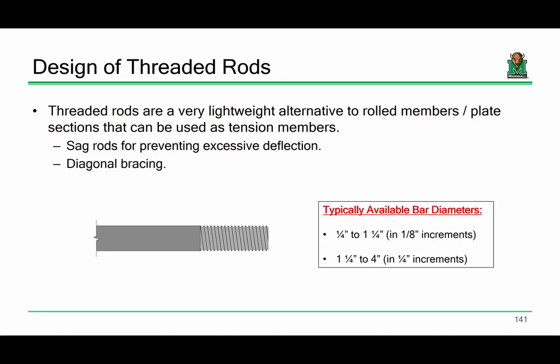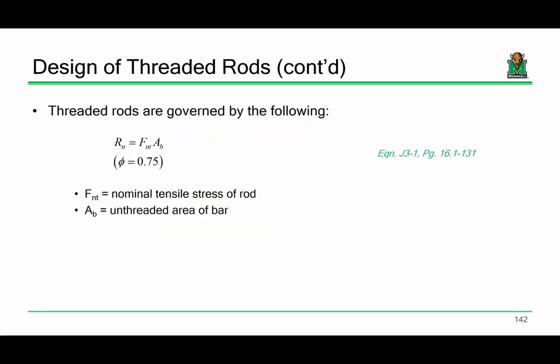So 1/4 inch, 3/8, a half, all the way to 1 1/4. Anything past that is going to be in 1/4 inch increments up to 4 inches. So threaded rods can be pretty beefy. They're meant for diagonal bracing, and for sag rods to prevent excessive deflection and other elements as follows.